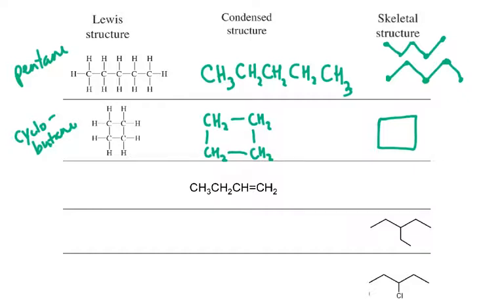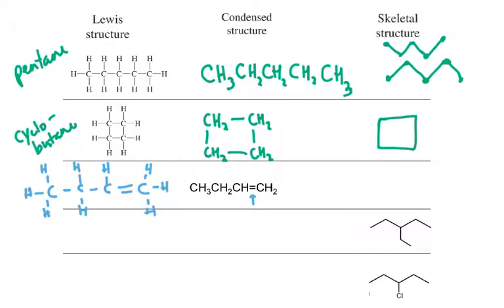Now down to the third line, we have a condensed structure. We need to draw the Lewis and the skeletal structure. For the Lewis structure, I'm going to draw all the carbons connected together first. So there are 4 carbons, and those last 2 carbons are connected by a double bond. Then I'm just going to fill in the hydrogens. 3 here, 2 here, 1 here, and 3 here.